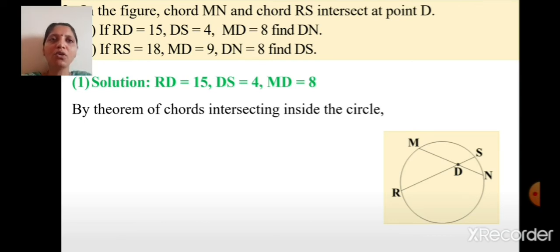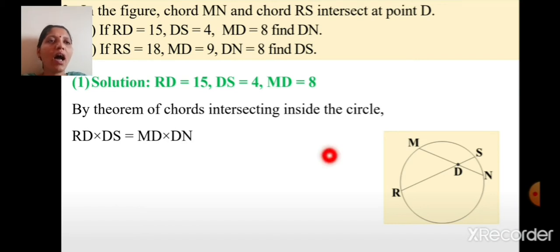See the first question, RD is equal to 15, DS is equal to 4, MD is equal to 8, and you have to find the length of DN. So by the theorem of chords intersecting inside the circle, or you can write here theorem of internal division of chords, RD into DS is equal to MD into DN.